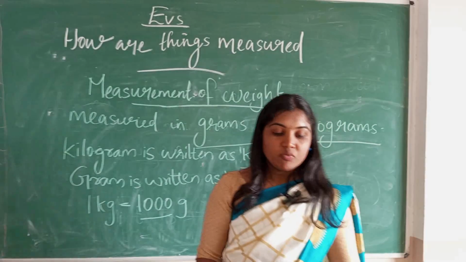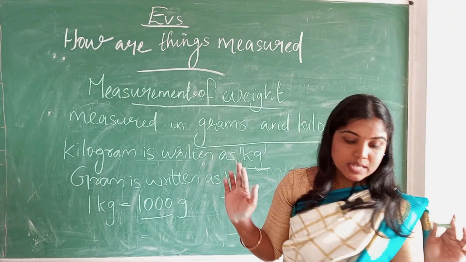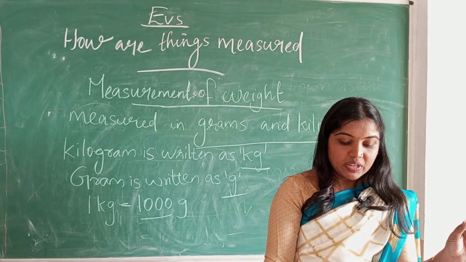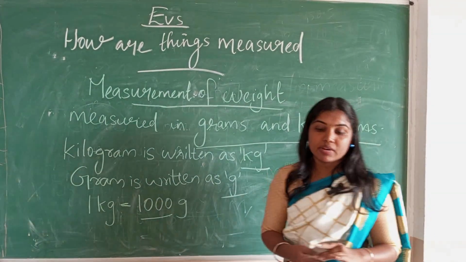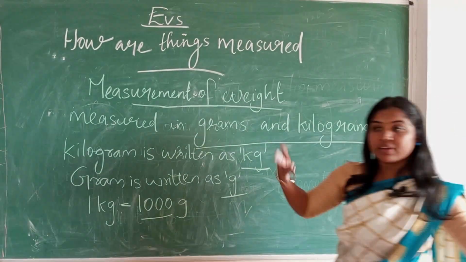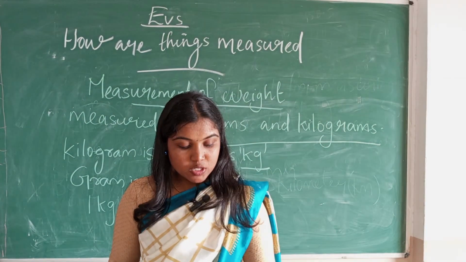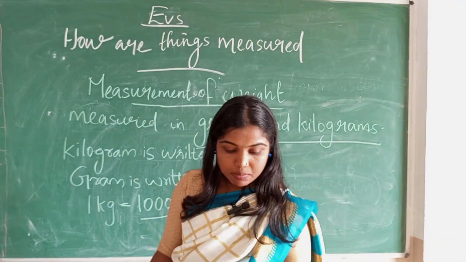So today we learned about how we measure things. We need to measure many things in our daily life, like length of our clothes, our height, weight of objects. We get an accurate measurement.